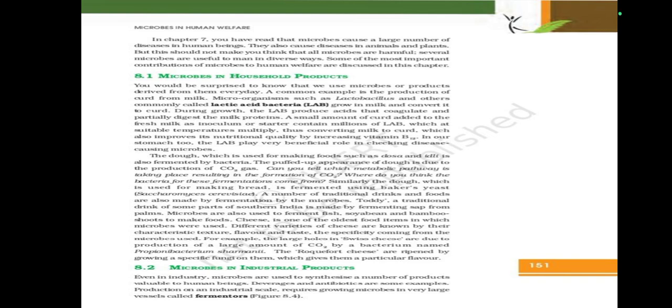The dough, which is used for making foods such as dosa and idli, is also fermented by bacteria. The puffed up appearance of dough is due to the production of carbon dioxide gas. Can you tell which metabolic pathway is taking place, resulting in the formation of carbon dioxide?